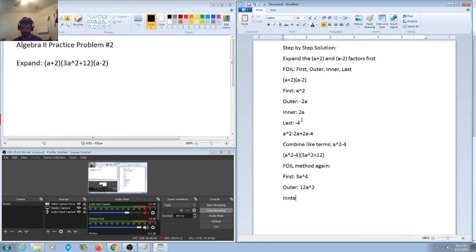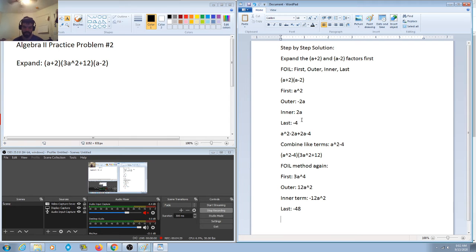Our inner term is going to be 3a² times negative 4, which is −12a². And then our last is going to be positive 12 times negative 4, which is −48. Now I'm going to go ahead and rewrite that all. So we have 3a⁴ + 12a² − 12a² − 48.